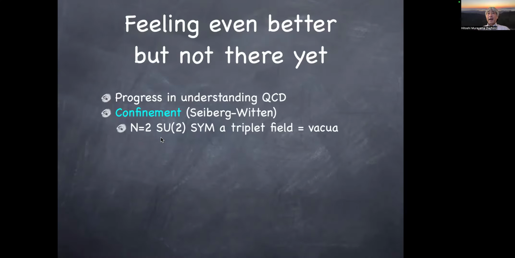So in this theory, if you look at the particle spectrum, there is a scalar field, which is a triplet under the SU(2) gauge group. And it tends to acquire an expectation value without costing any energy. So it turns out that there's an infinite set of ground states in this theory.